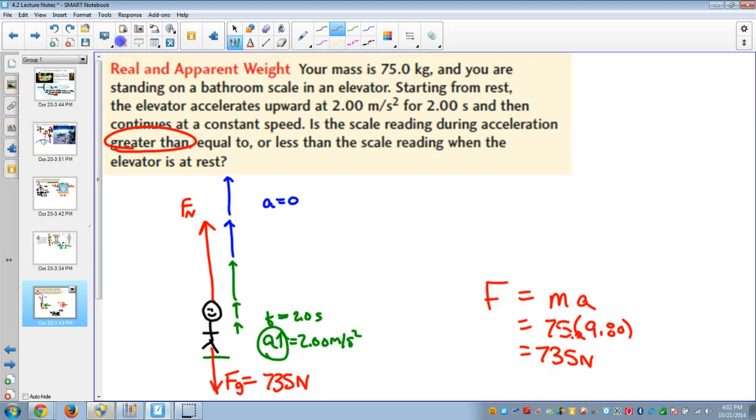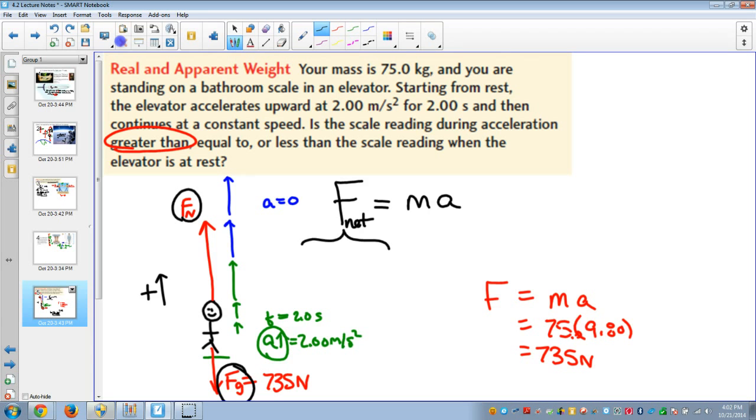So here's where I use Newton's second law again. Now, I want to say that up is positive, just to help me out here. I have two competing forces. I've got an up force and I've got a down force, right? My up force is positive because I just created up as positive.